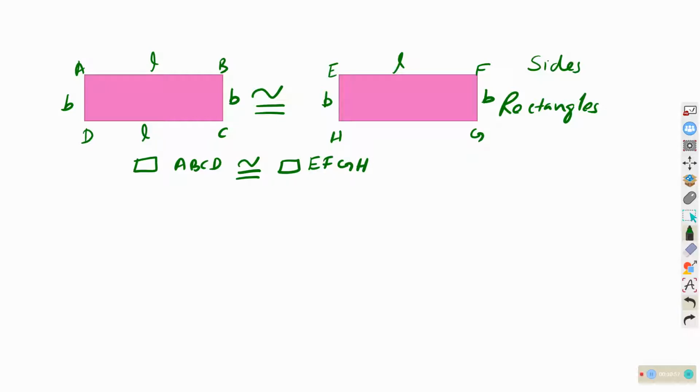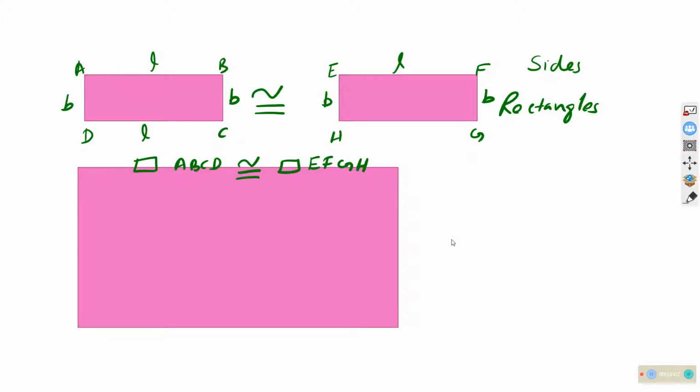So simple like that. It is not only for a triangle, any figure which is exactly alike will be congruent. Here is a big rectangle and it is not congruent with ABCD or EFGH. The third one is not congruent with the other two.